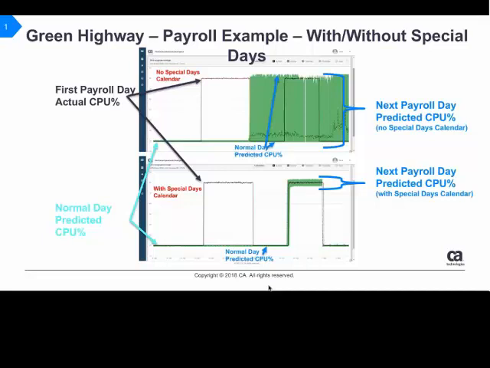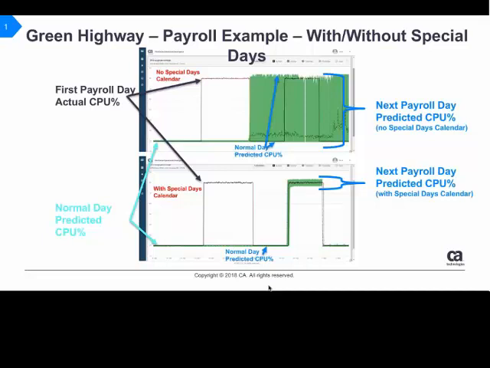So imagine having payroll days at regular intervals. You would like to have more accurate predictions for payroll days by looking at previous payroll days. You would also like these payroll days to not affect green highway predictions for normal days. If you didn't have a special days calendar, you can see that the high peak on a payroll day affects the prediction for normal days.